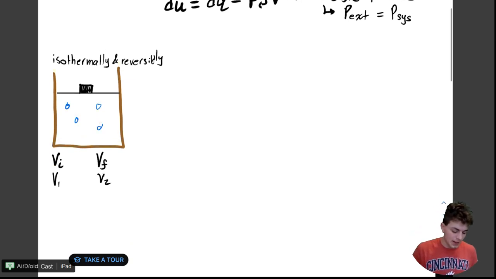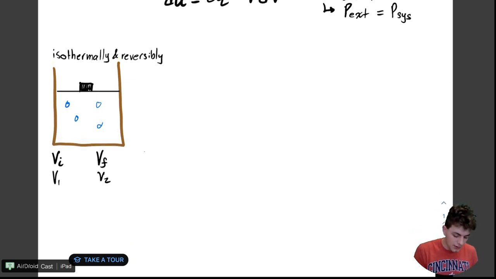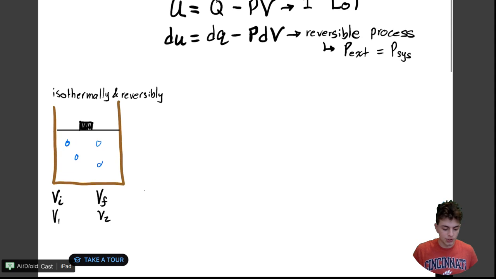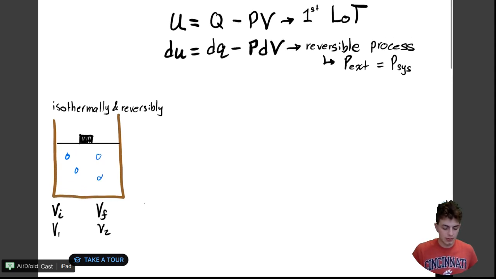Now, I'm also going to denote our initial and final temperatures as Ti and Tf, as well as our initial and final pressures. Obviously, in this isothermal case, we are not going to have any change in temperature. So, starting at this first law differential here, we can then say that dU, or the differential of internal energy, is actually equal to the specific heat at constant volume times the differential in temperature.